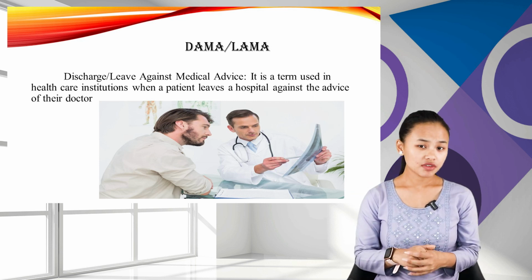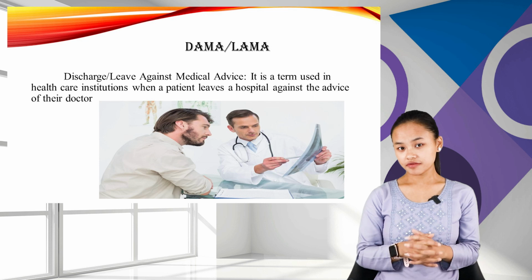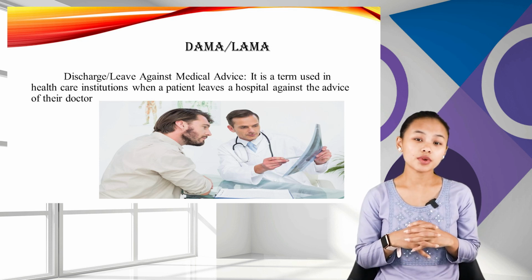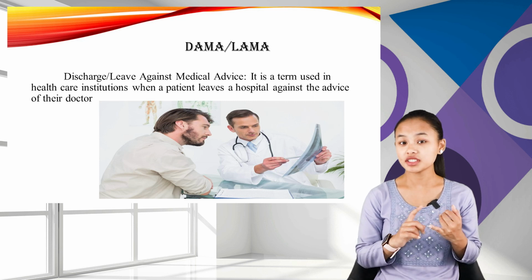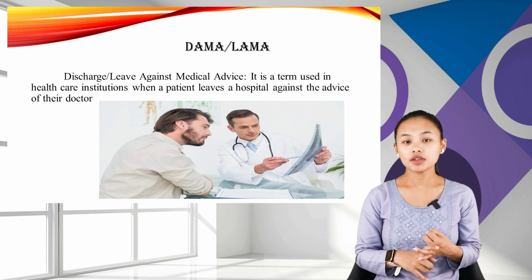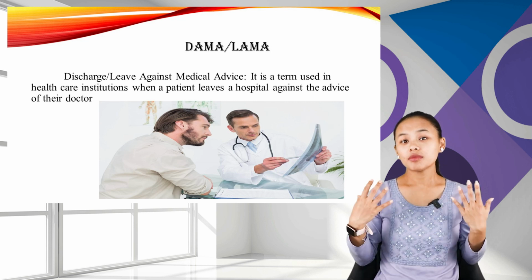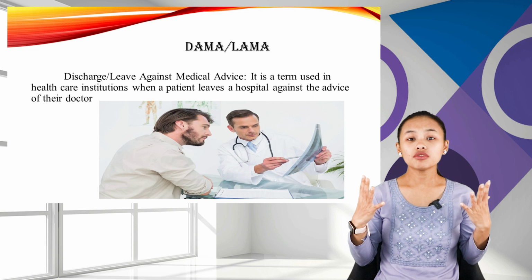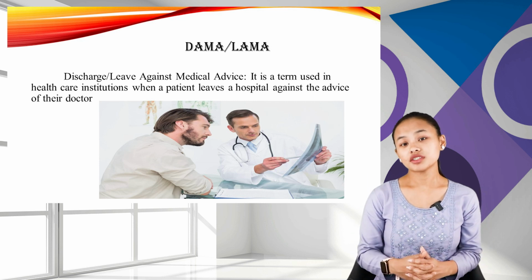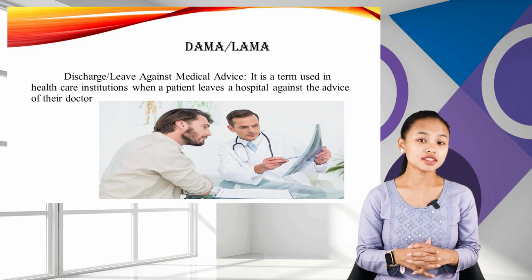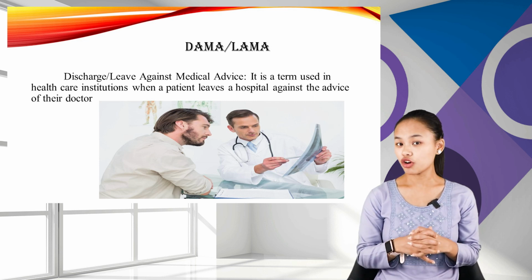When a person has decided to leave against the doctor's advice, we must first explain to the patient and the family members about the disease condition and the possible effects that can occur. You must tell them that neither the doctor nor the institution will be responsible for anything that can happen once the patient leaves the hospital.